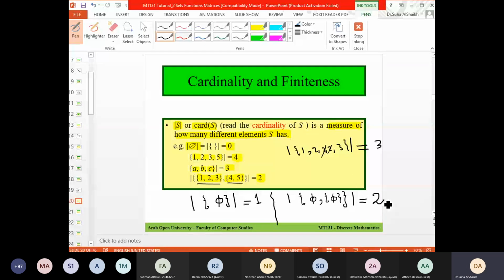It is 2, because this is one and this is one. The cardinality of the set that has phi inside it is 1, because it is a set with one element, which is phi, right? Yeah. So try to think about it.